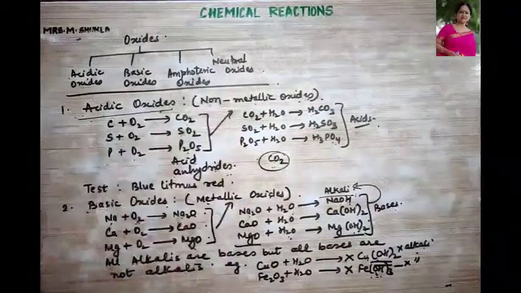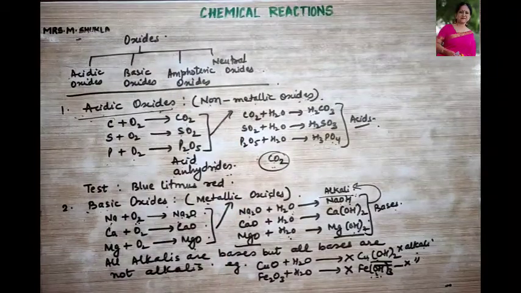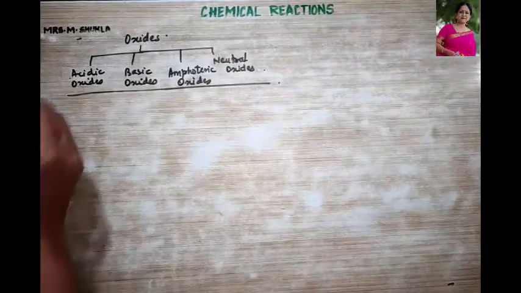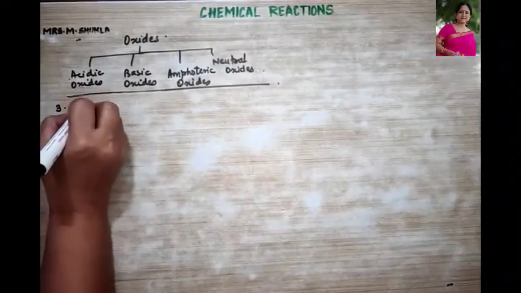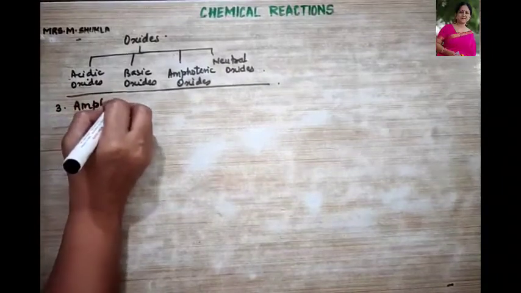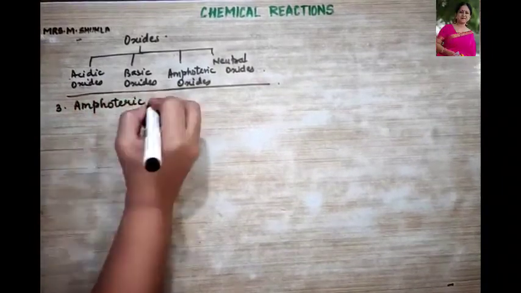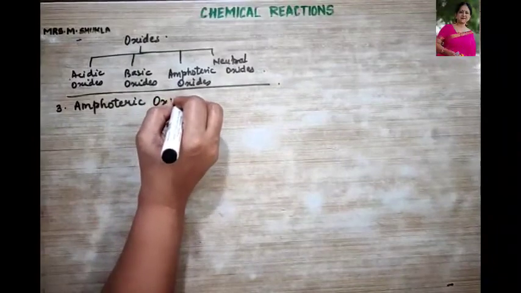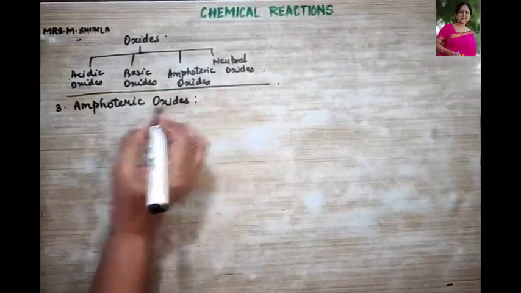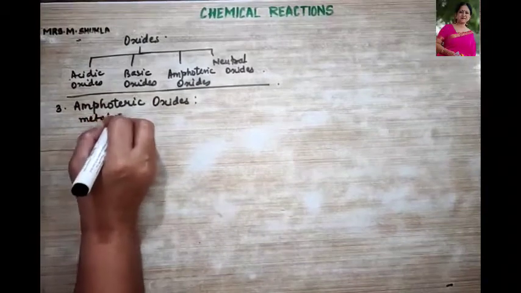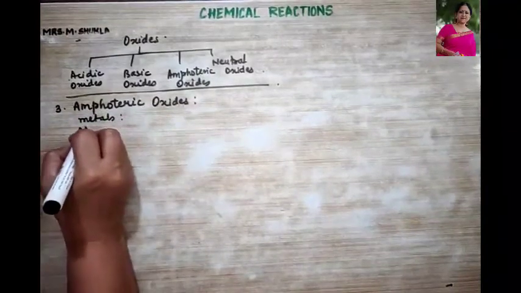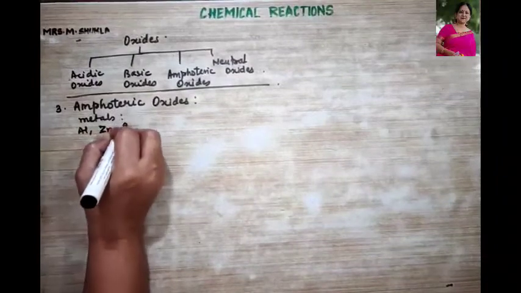We now come to amphoteric oxides, the third kind of oxide. Now what do we mean by amphoteric? Amphoteric metals you should know first. Amphoteric metals are, for example, aluminium, zinc and lead.